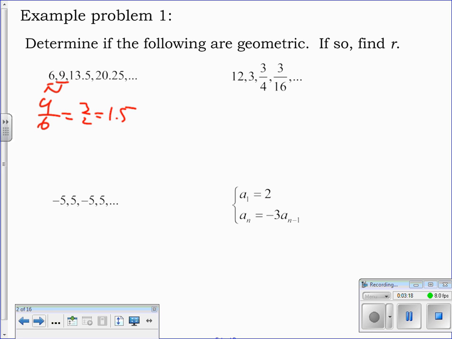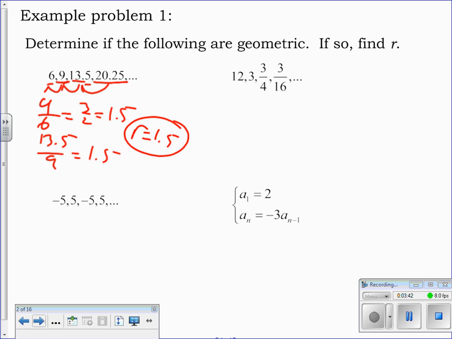I have to check other terms. Do the same thing, 13.5 divided by 9, and you do get 1.5. And if you take 20.25 divided by 13.5, once again, you do get 1.5. So it is geometric, and r is not 1.15, it is 1.5. Okay.